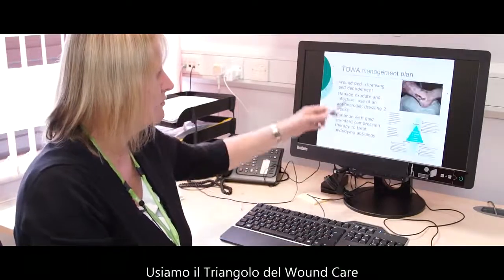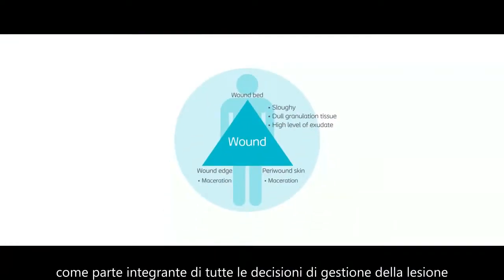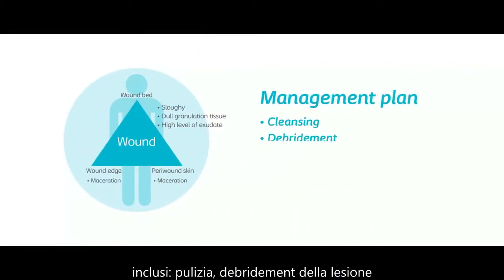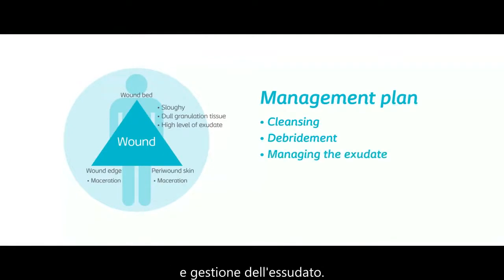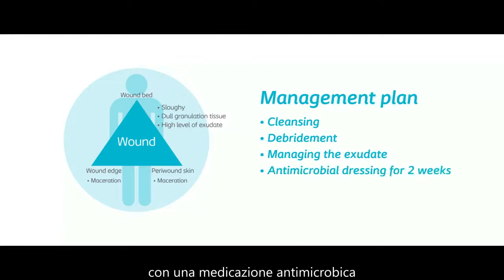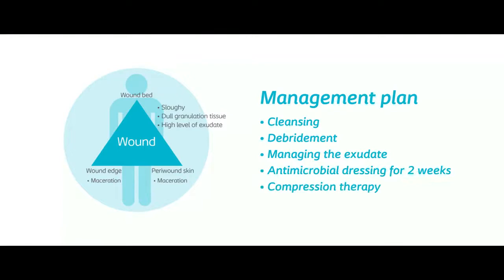So we've used the triangular wound assessment not just to assess the wound, but as part of our management plan, which includes cleansing the wound, debriding the wound and managing the exudate. And to do that, we've treated the infection with an antimicrobial dressing for 2 weeks. And at the same time, we have continued with using compression therapy, which is the gold standard for managing venous leg ulcers.